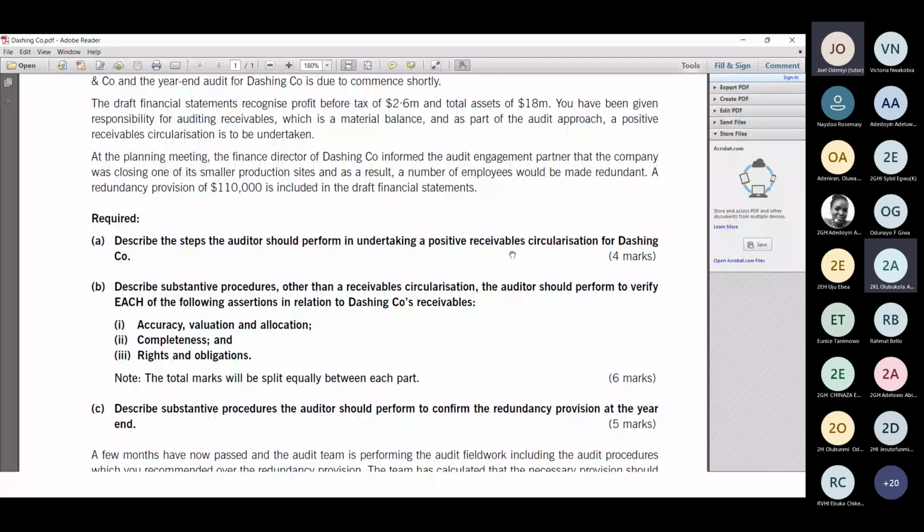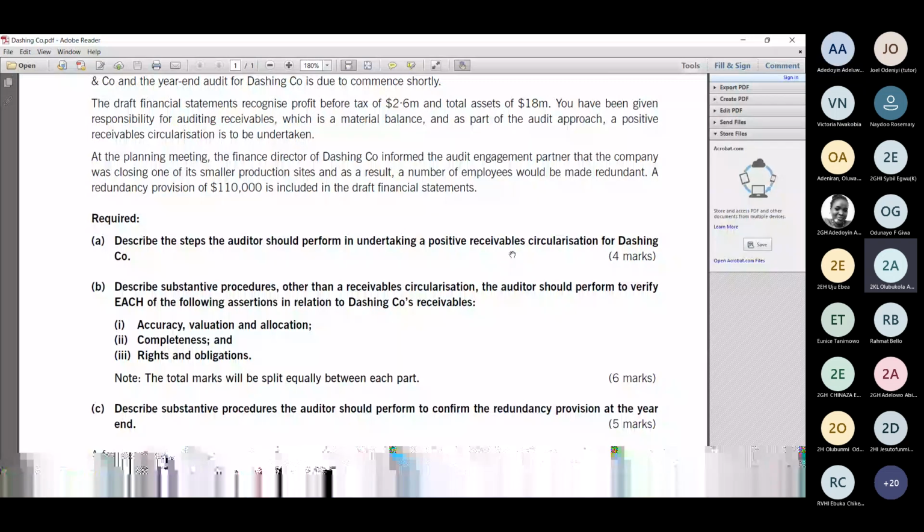Okay. Any other one? So I've not gotten any procedure on rights and obligations. I think I've gotten some on completeness. So how about for accuracy, valuation, and allocation? How about we say maybe we should obtain written representation from management to confirm the completeness of receivables.